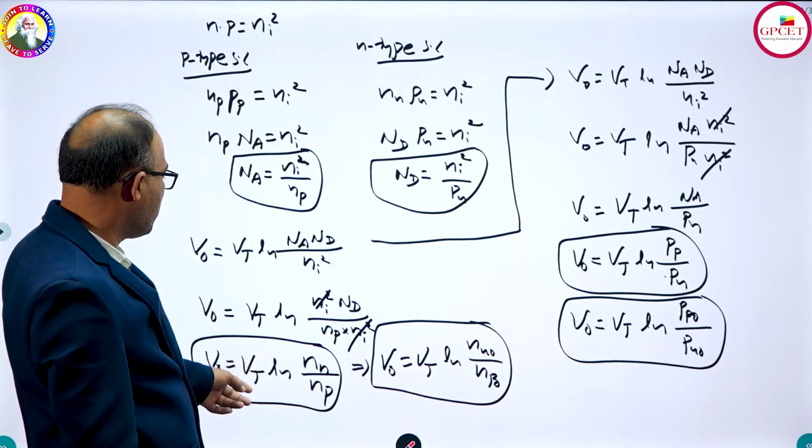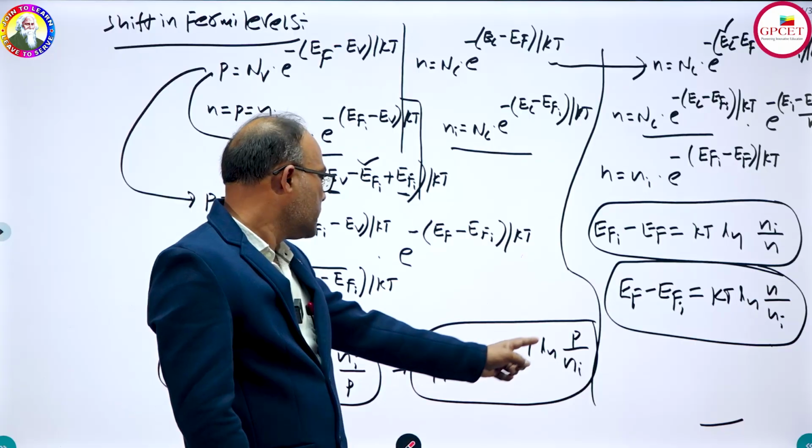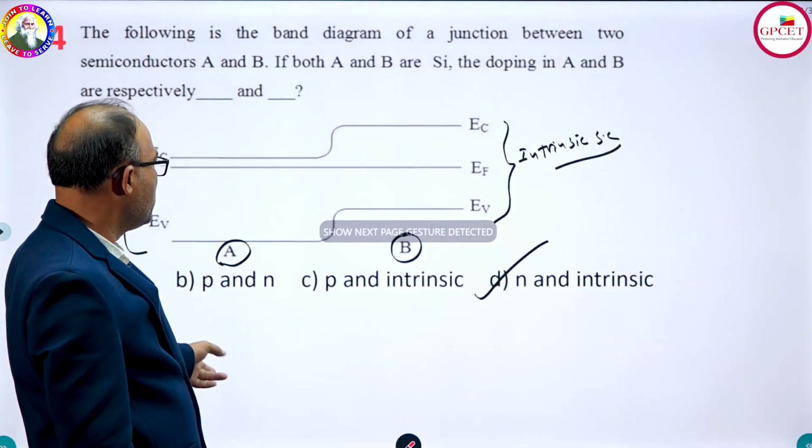EFi minus EF is equal to kT ln P by Ni. It is P by Ni.